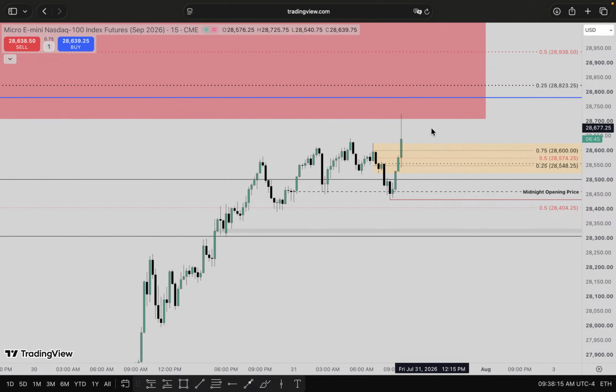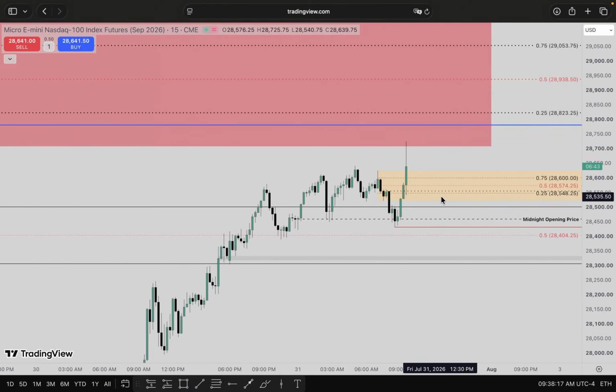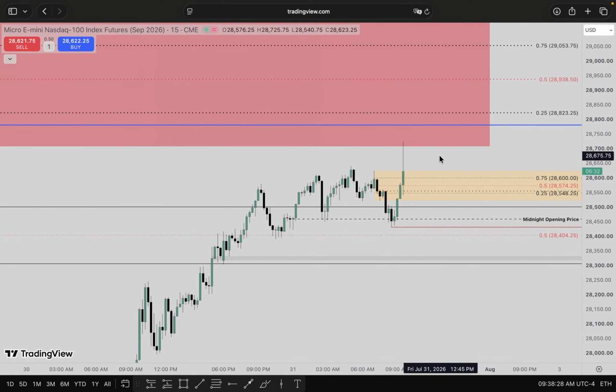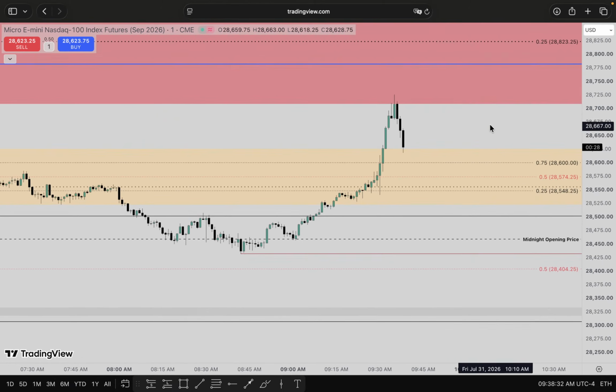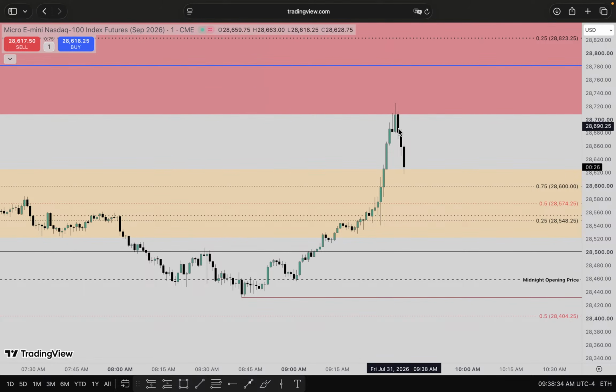But we'll see. 9:30 open, rally up, and now we're instantly pushing down.